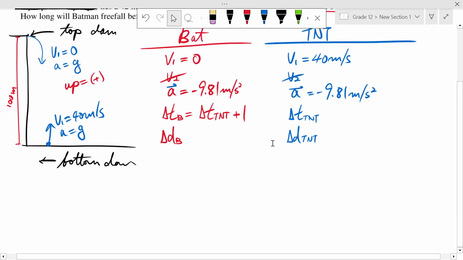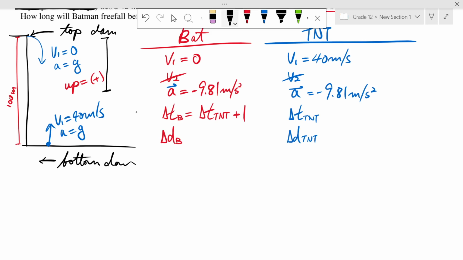Now, how do I set this up? I'm trying to find how long it took, basically time. So what I can get from this is basically the distance of free fall plus the distance of throwing upwards will equal 100.